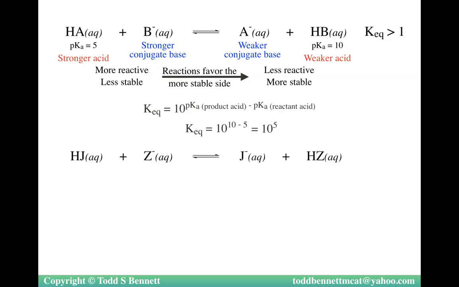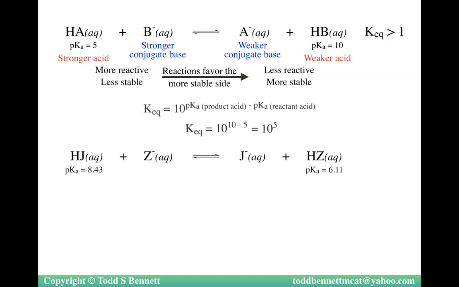Okay, so we'll try it again. I'll use clever new acids instead of HA and HB. I've now creatively had HJ and HZ. I'm trying to pick letters that are not elements so that we don't mistakenly think they're real molecules.